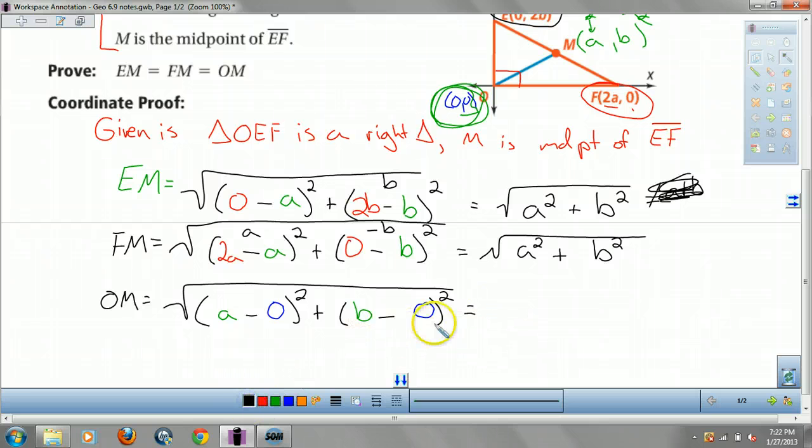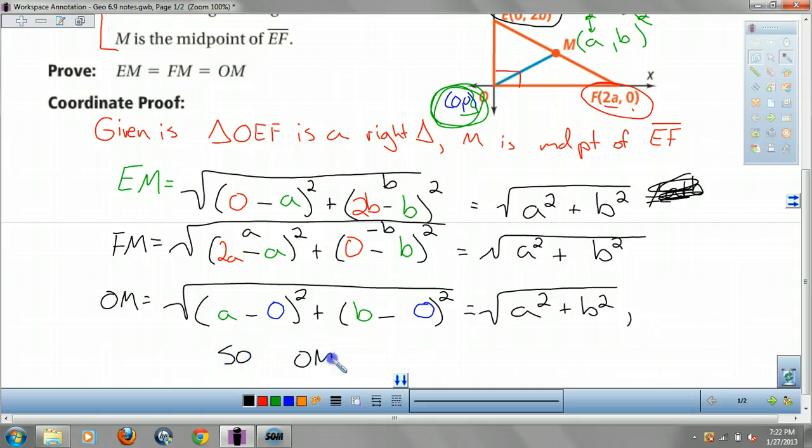And by George, what do we end up getting? The square root of a squared plus b squared. So OM equals FM equals EM equals the square root of a squared plus b squared. So we're done. That's our proof, guys.